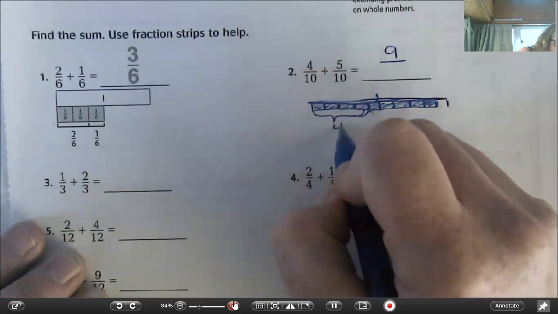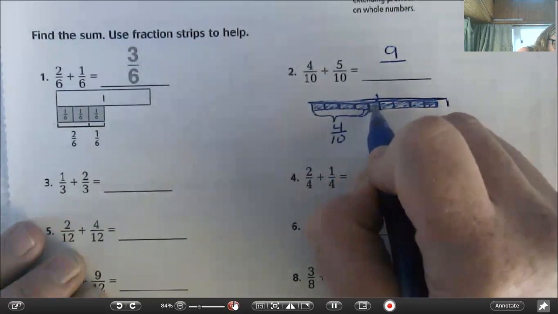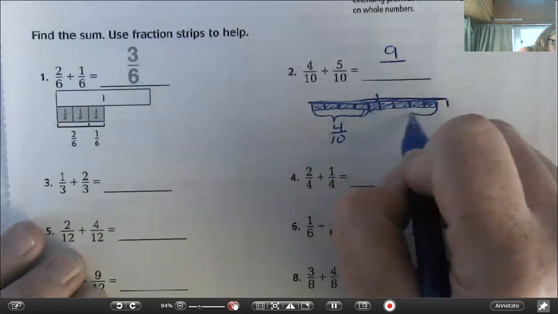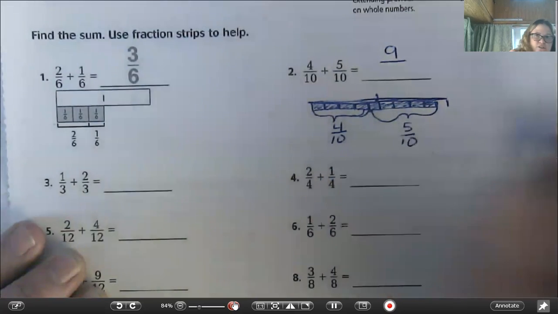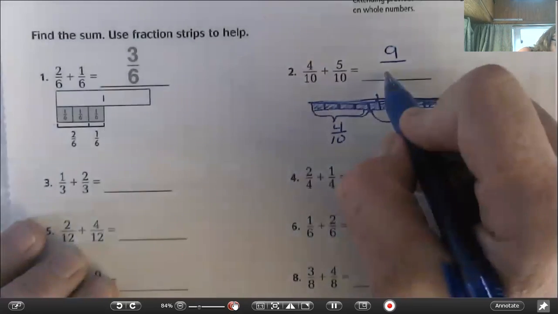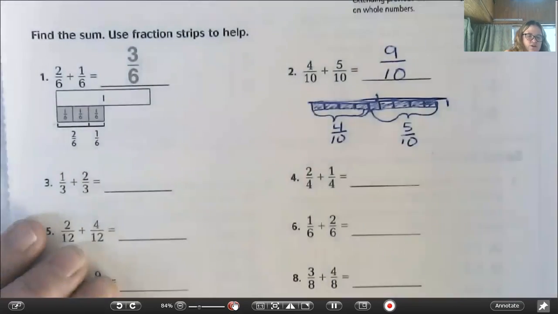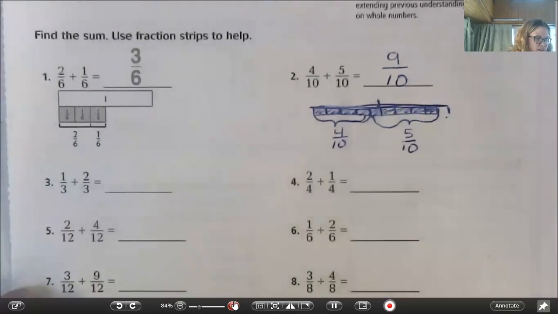So that is 4 tenths. And then I have 5 tenths. So 4 tenths plus 5 tenths equals 9 tenths. So I have one space that isn't working out. So that is one way to do it.